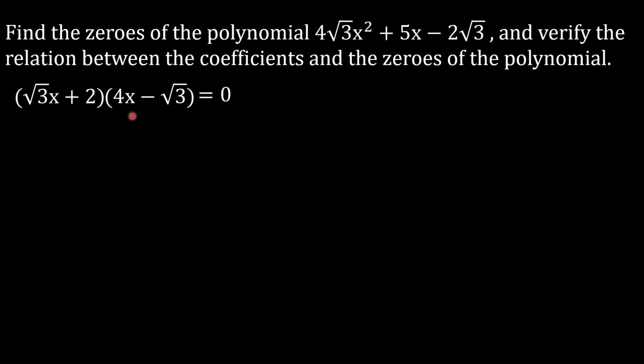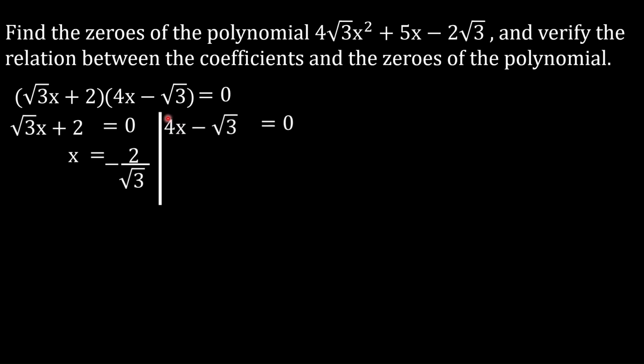Next, we need to find the zeros. For that, set each factor equal to 0. That is, root 3 x plus 2 is equal to 0. Bringing this 2 to the right side, we get minus 2. And bringing this root 3 to the right side, it becomes divided by root 3. So x is equal to minus 2 by root 3. And 4x minus root 3 is equal to 0.